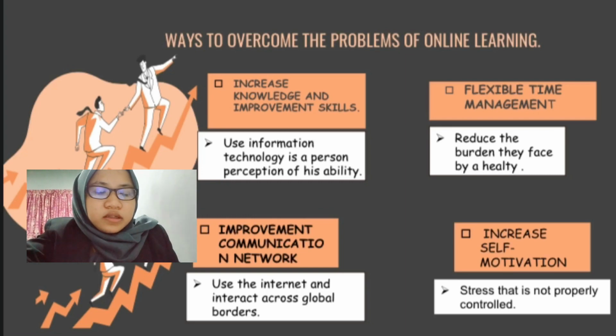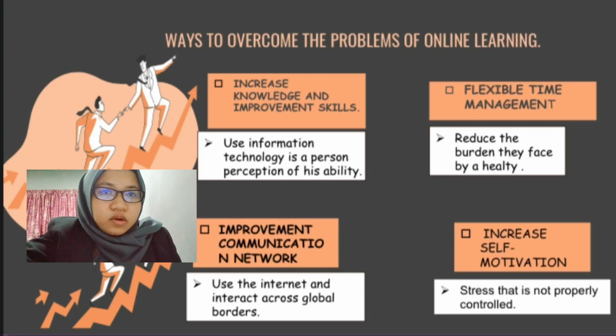The willingness to use information technology is a person's perception of his ability to efficiently and effectively plan, execute and accomplish IT-related activity. In their profession and life, those who are proficient in the use of information technology will be more successful and effective.